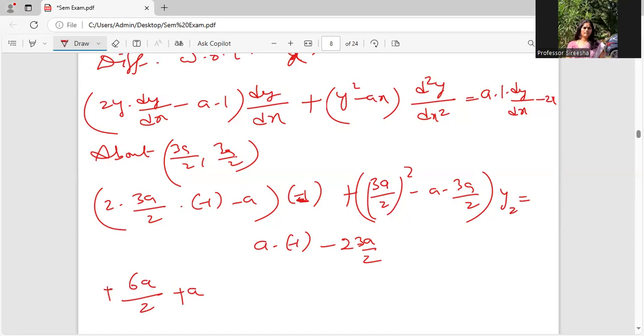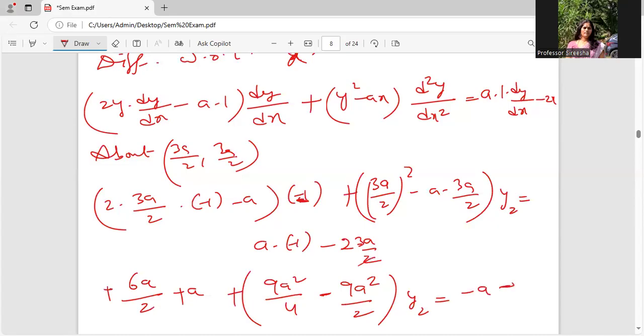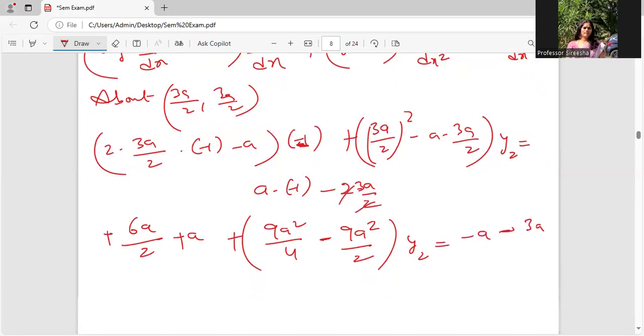Plus this would be 9a square by 4 minus 9a square by 2. This I will simplify. That would be y2, equal to minus a minus, this 2 and this 2 go off, 3a.